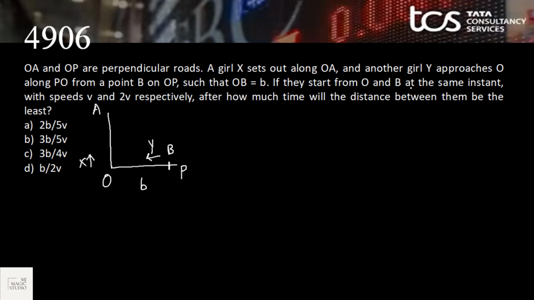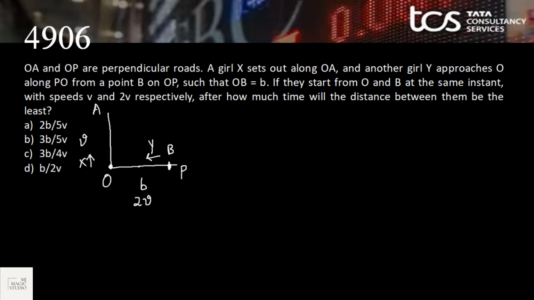If they start from O and B at the same instant, X starts from O towards A and Y starts from B towards O at the same time, with the speeds V and 2V respectively, after how much time will the distance between them be the least?